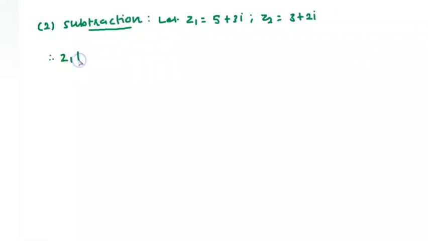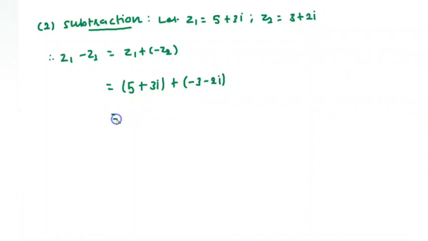Then Z1 minus Z2 can also be written as Z1 plus minus of Z2. So Z1 is 5 plus 3i, plus minus of Z2 will be minus 3 minus 2i.